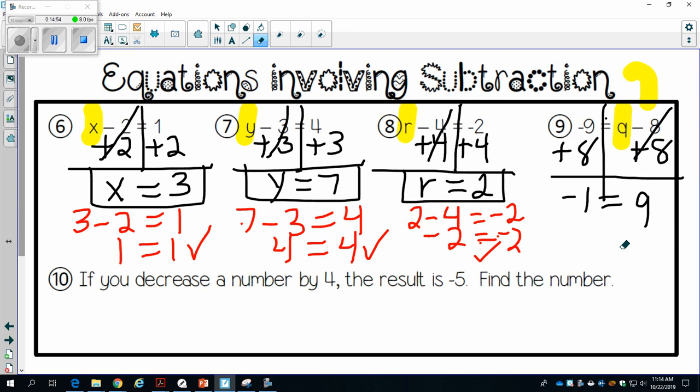So we're going to put in negative 9 is equal to negative 1 minus 8. If you put that in your calculator, you'll get negative 9. So that one checks as well.